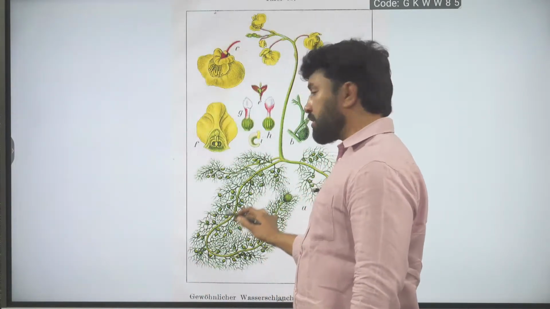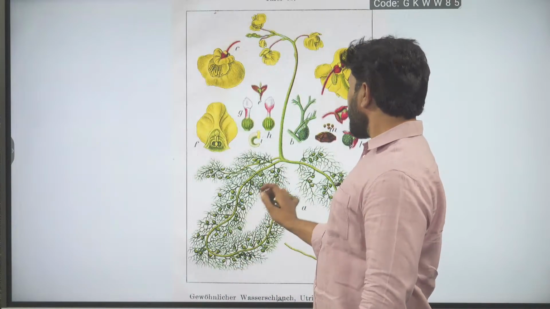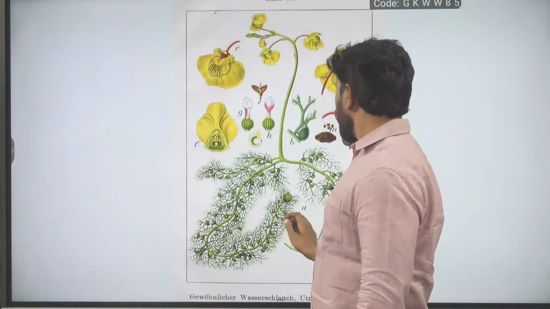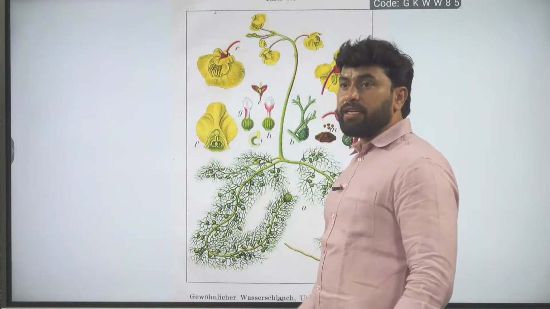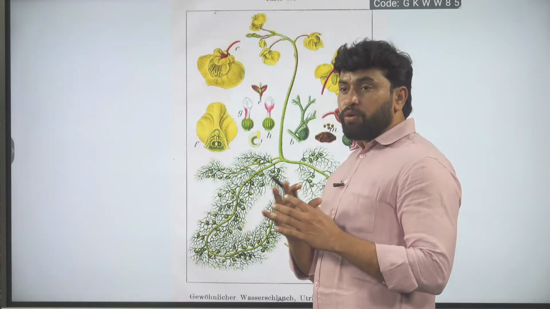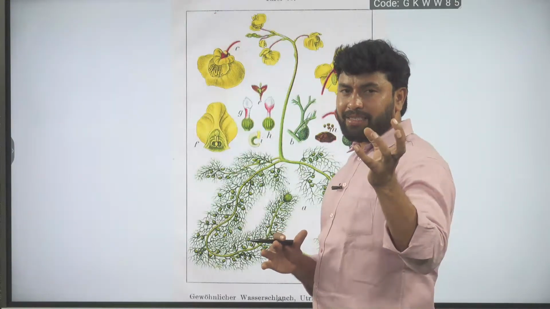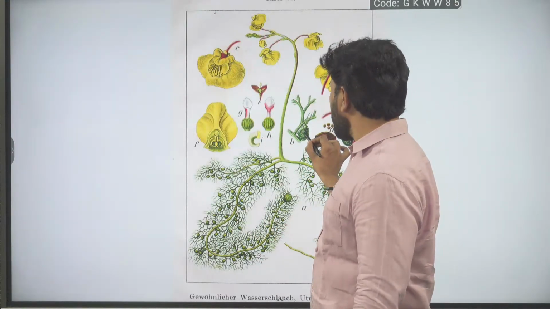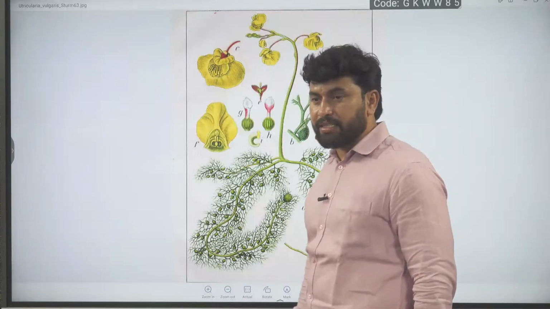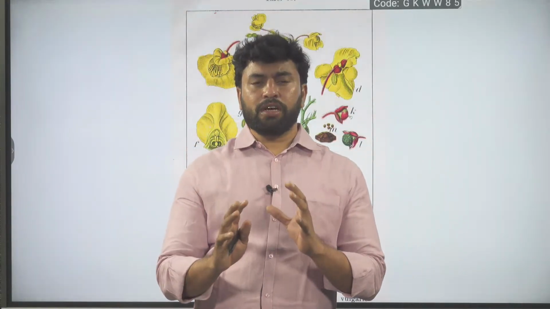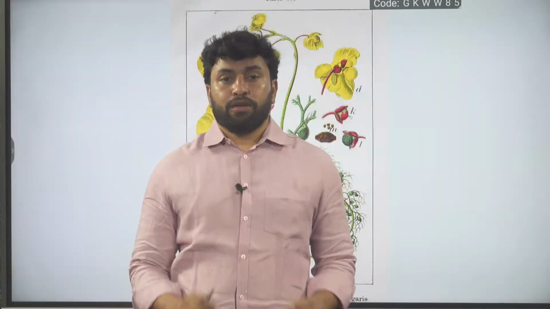These are stolons. Okay. On the stolons, there is development of a small variety of body called bladders. They appear like a cage-like structure. With the help of the cage, they are able to trap insects. This is not a large plant, it's a small plant which is commonly well known as bladderwort.